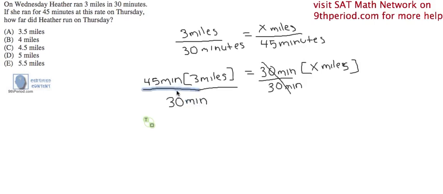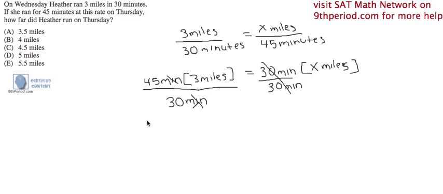And remember, we're going to cross out units, so we have minutes over minutes. So that allows us to know, since miles is left, that once we solve the left side of this equation and we multiply it out, it should give us the answer in the unit of miles.